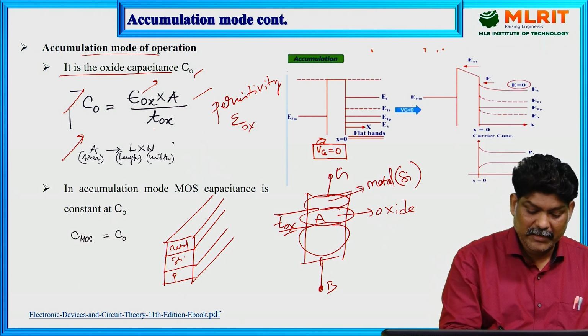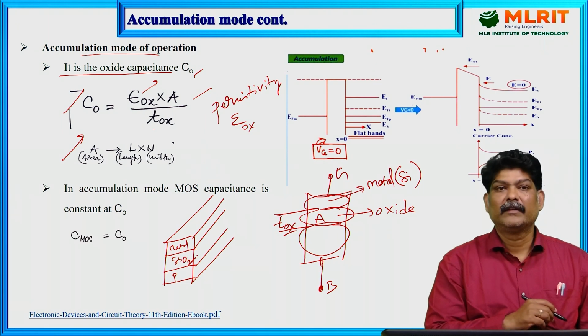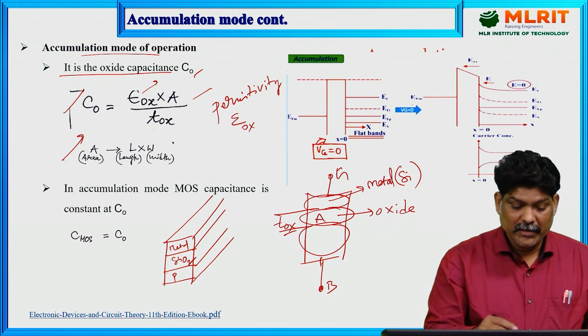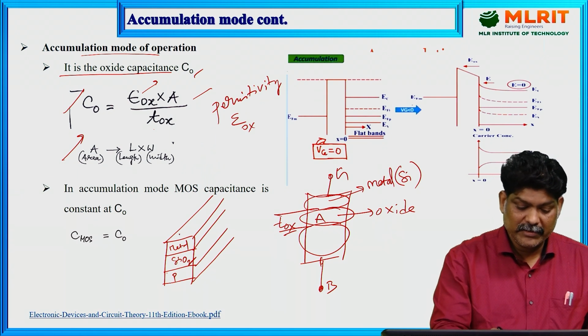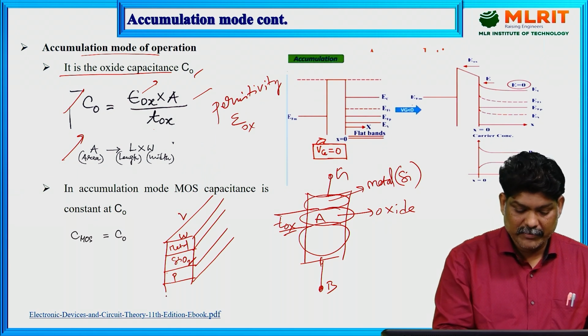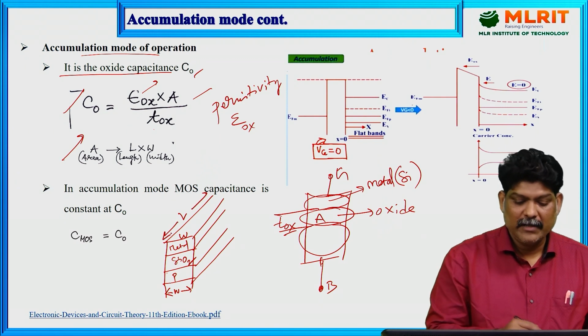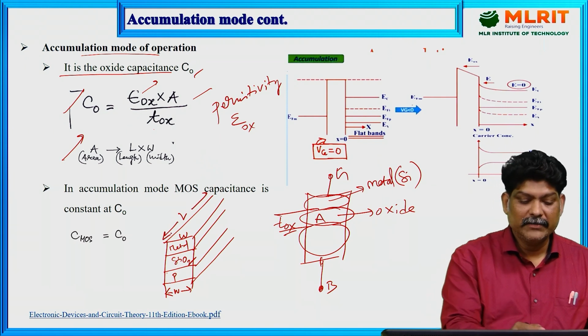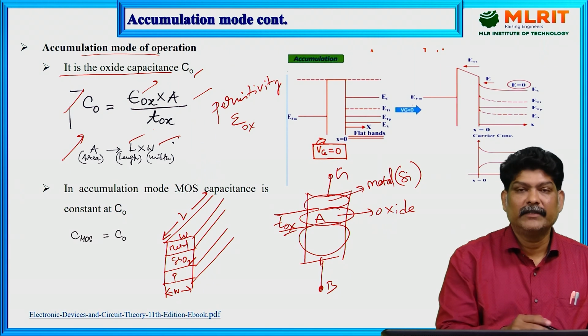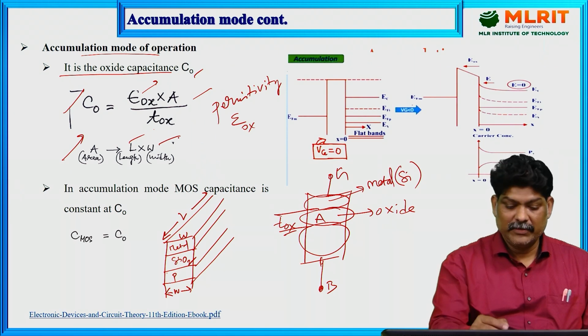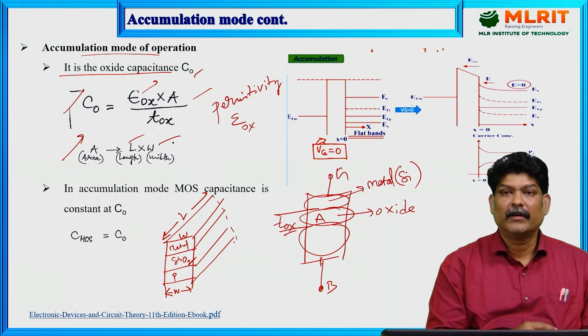This is the SiO2 layer. So this is W and this is the length, and area is given by length into width. So this is one kind of MOS capacitor.